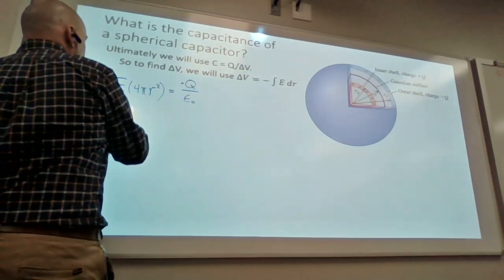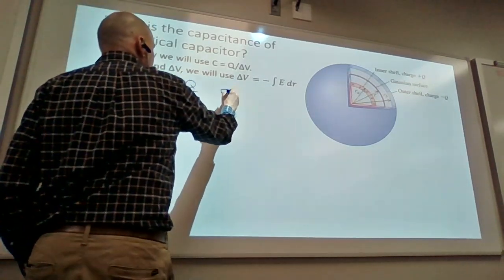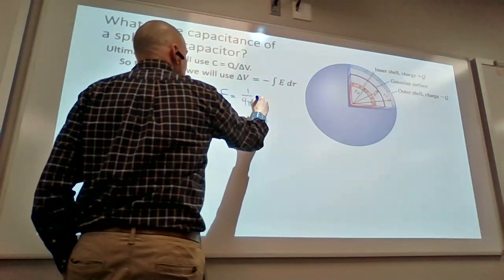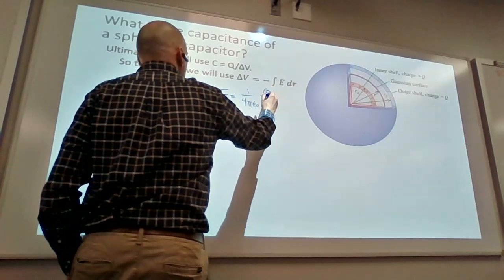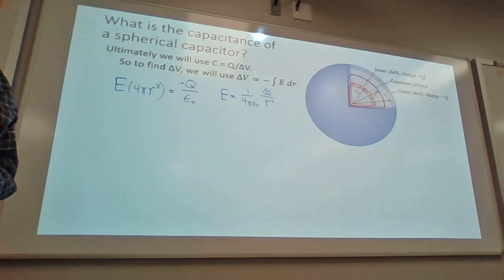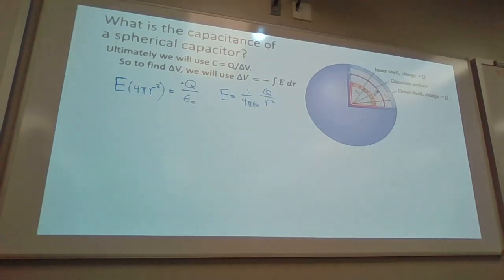So we find that the electric field is equal to 1 over 4 pi epsilon naught, Q over r squared. It's almost like a point charge. Good with that?